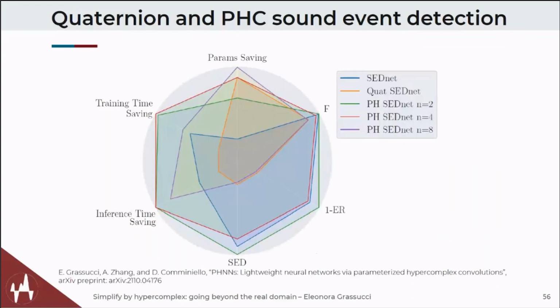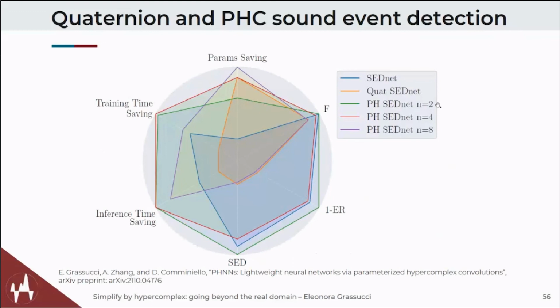We tested this on a sound event detection task. We can see that the configuration with n equal to 2 outperforms the others. We consider a SELDnet which has just 1.6 million parameters.